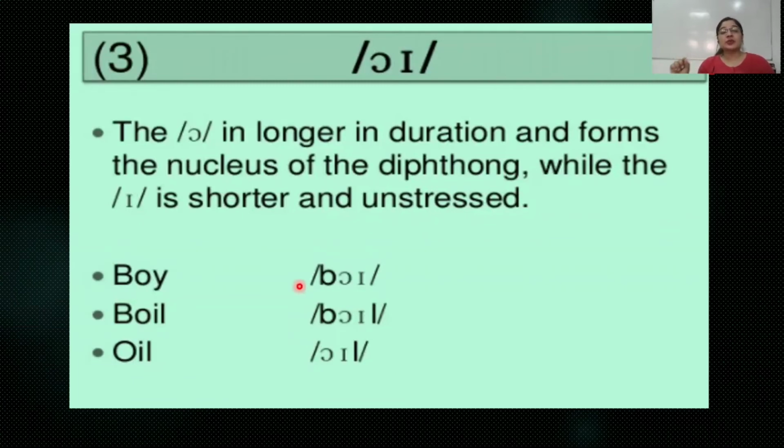There you will get to know that there are certain consonant sounds whose symbol is the same as the letter, like B. This is a symbol, this is not the letter. So this is pronounced as B. This is pronounced as L, right? So oil, oil. Here you will understand that by this symbol, the sound comes this way. So when you combine these sounds, you will pronounce it correctly, right?